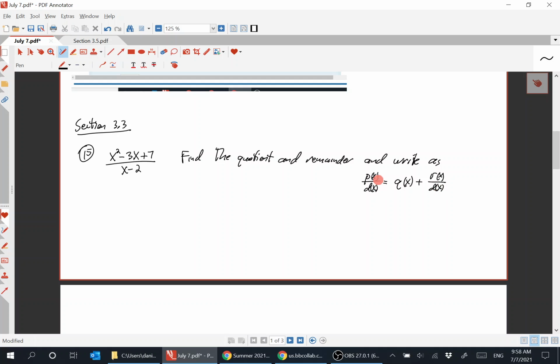So if you have a polynomial p divided by another polynomial d, you write it as quotient q of x plus remainder over the divisor again, or denominator, if you will. So that's the quotient, and r of x is the remainder.